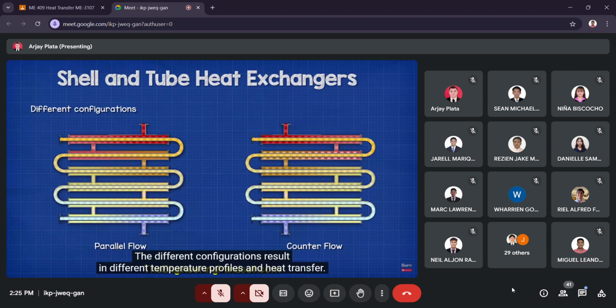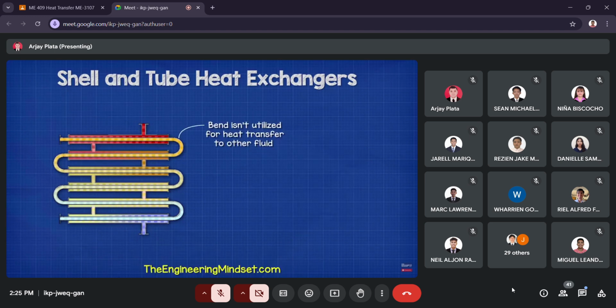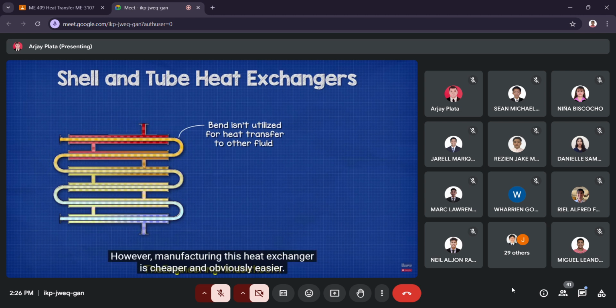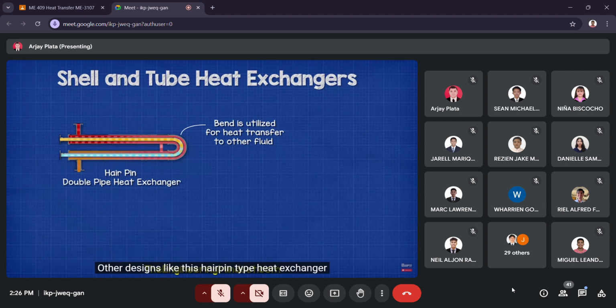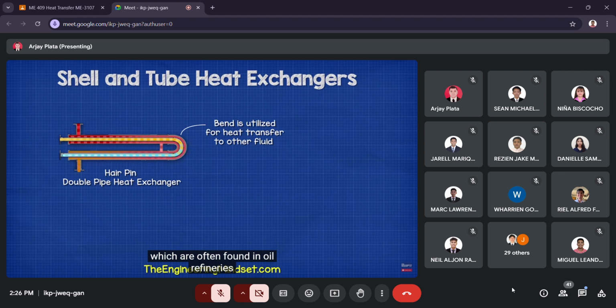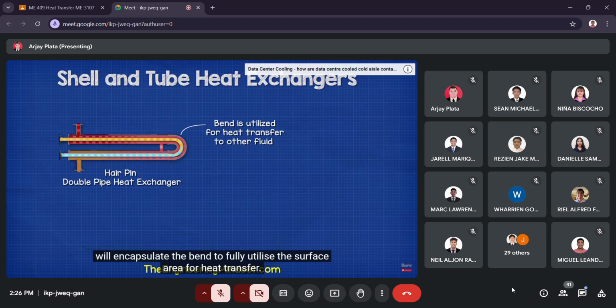The different configurations result in different temperature profiles and heat transfer. In this design, the bend at each end isn't utilized for heat transfer, and heat can be wasted here. However, manufacturing this heat exchanger is cheaper and obviously easier. Other designs, like this hairpin type heat exchanger, which are often found in oil refineries, will encapsulate the bend to fully utilize the surface area for heat transfer.